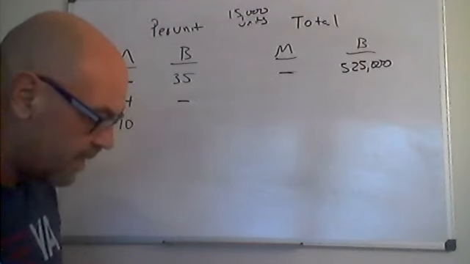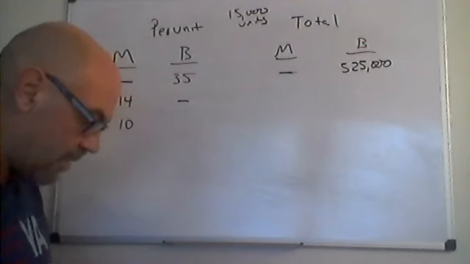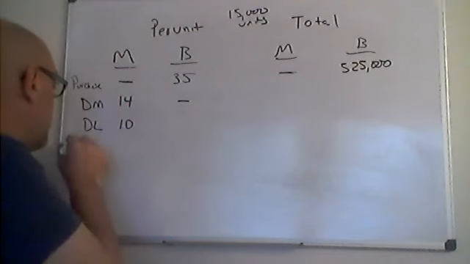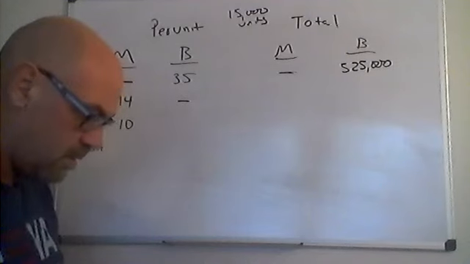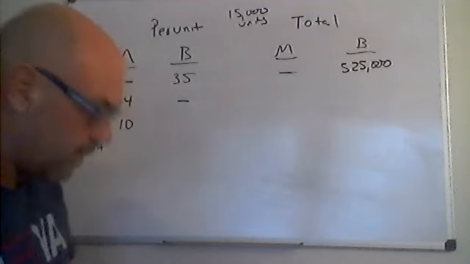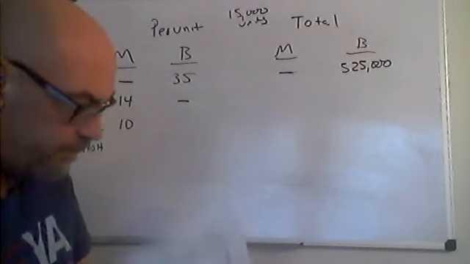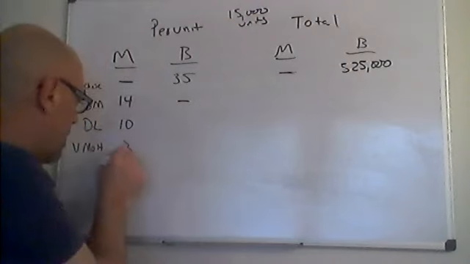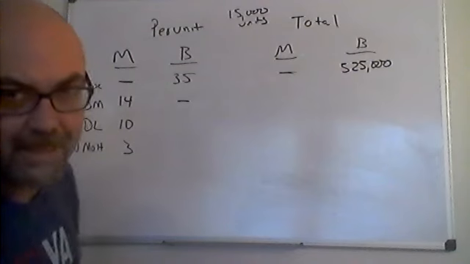And then we go down to the variable manufacturing overhead of $3, which is not going to change. The variable manufacturing overhead does not change.